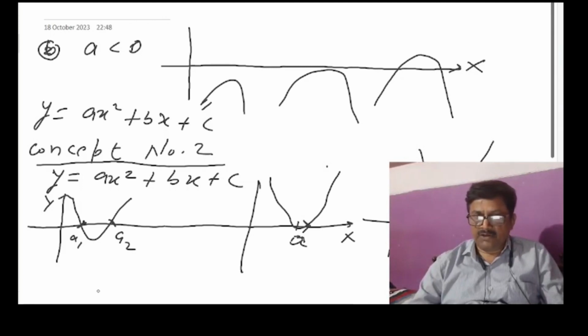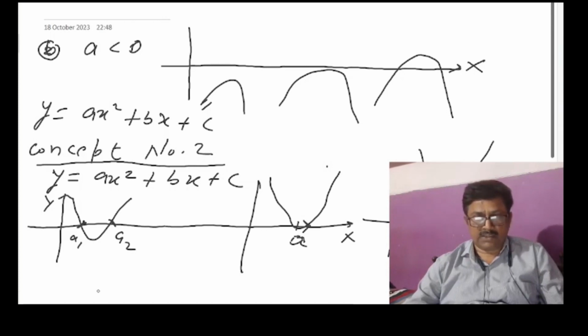It means for no real value of x is y being 0, because y is only 0 at the x-axis. Y is 0 where? Y is 0 on the x-axis. So for y to be 0, the graph should come to the x-axis.